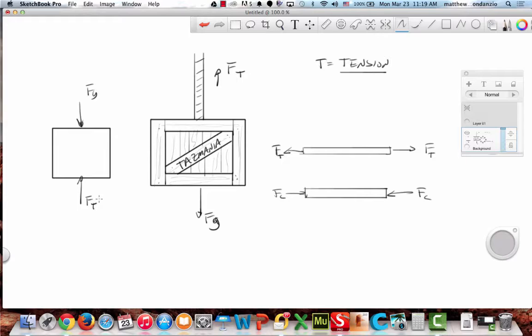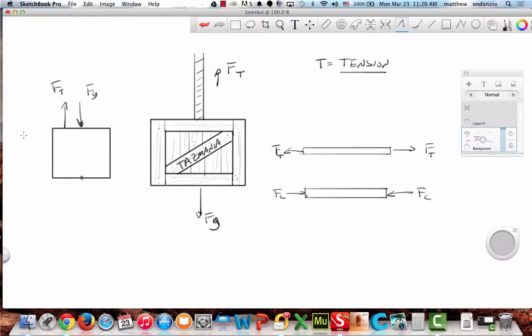Perfectly acceptable. As long as your arrows are the right direction and you're labeling them correctly, it doesn't matter. Does that make sense? I could have also done this. Right? As equally correct. Not as intuitive, but equally correct. Make sense? Okay. So that's the scenario.